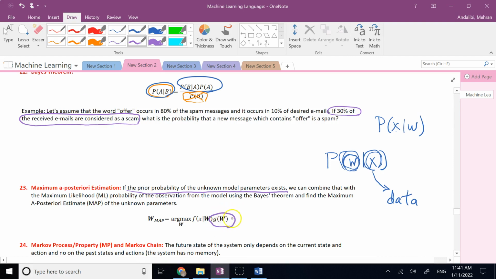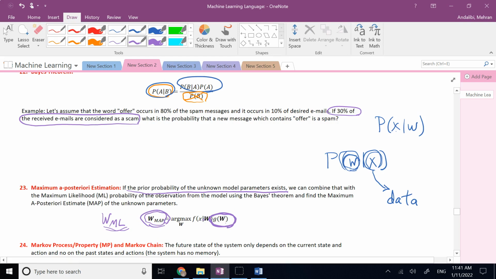Not always do you have the luxury, but if you do, that helps this estimate to be more relevant and more robust than the maximum likelihood estimate. So the MAP estimate, in general, is always preferred over maximum likelihood, but it needs this piece of information that you don't always have access to.